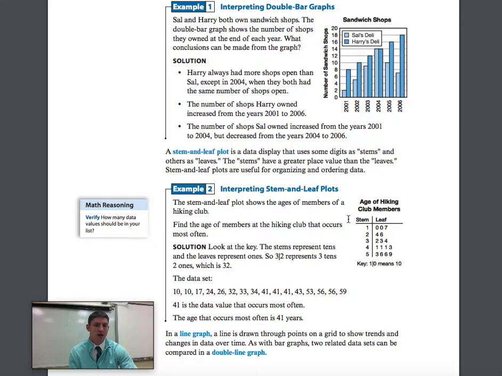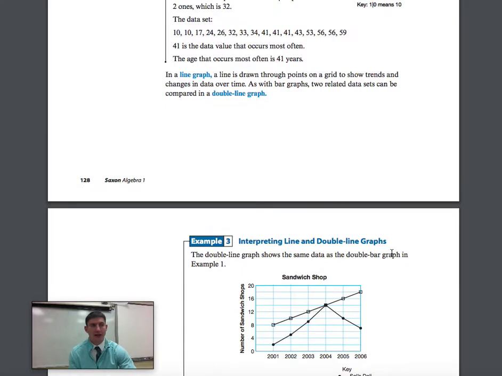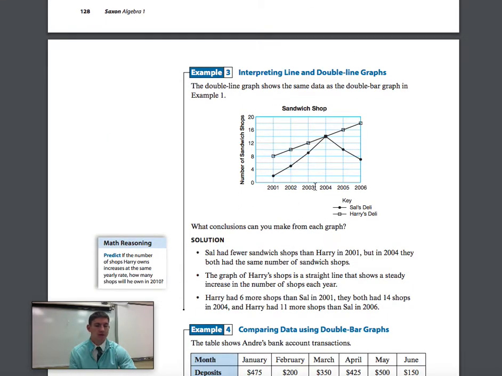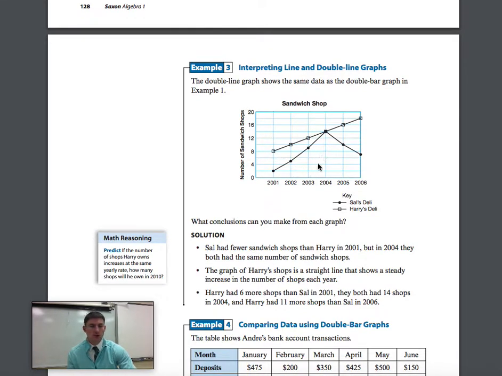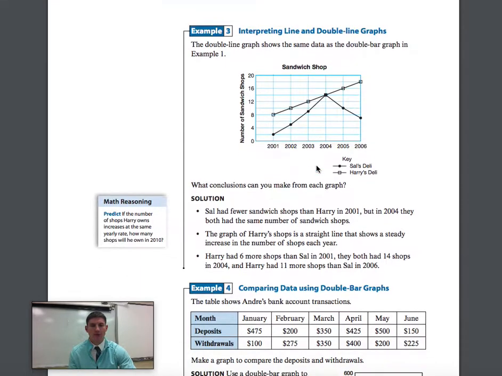A stem and leaf plot shows the data in order from smallest to largest, with the stem being your tens value or your greatest place value, your leaf being the smallest place value. You can turn a line graph or a bar graph into a double line graph or a double bar graph that allows comparison. And you can use that to answer questions or to find information from what's being presented in that type of graph itself.